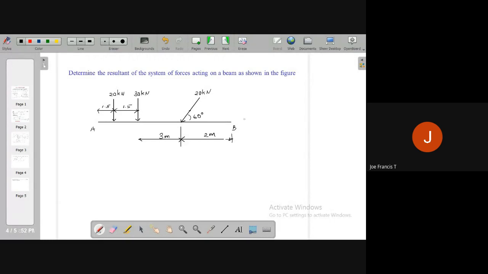The difference is there is an inclined force also here. So we need to consider this inclined force also. For that, you have to resolve those forces. Right?